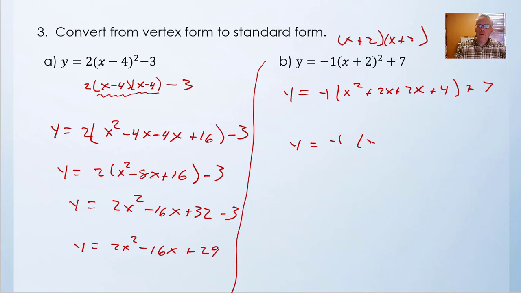Simplify. I'm going to distribute the negative 1. We get a bunch of negatives then. And finally, I can combine those two last terms.